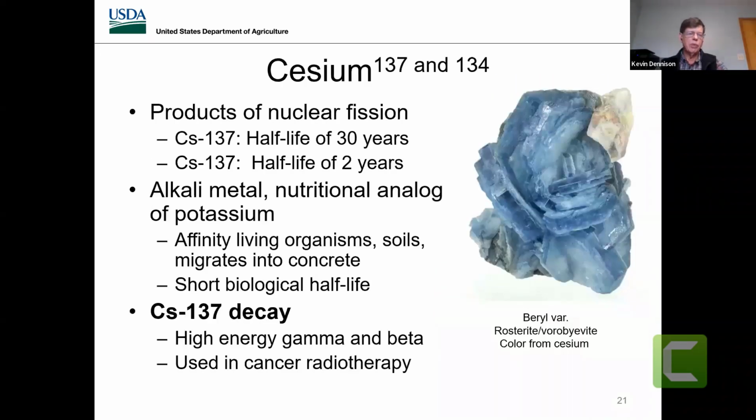Okay, so if we look at various other things, cesium-137 and cesium-134 are two nuclear fission byproducts. In other words, they're made in nuclear reactors. If there's a nuclear detonation, there's quite a bit of this made from the fission of the primary fuel. Cesium-134 has a half-life of 2 years, so it's gone pretty quickly, but cesium-137 has a half-life of 30 years, so it stays around a good long time.